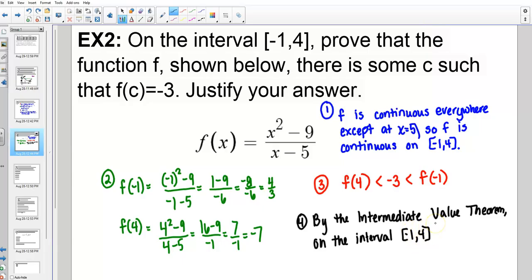We don't need to say prove that the function f because that's what they were telling us to do.